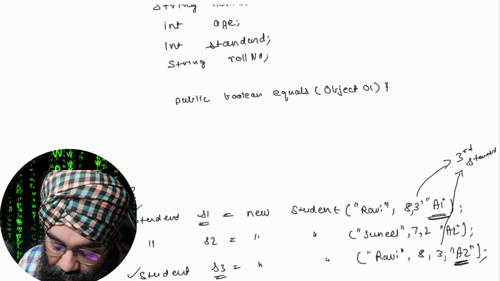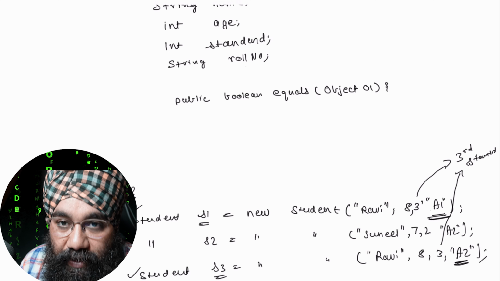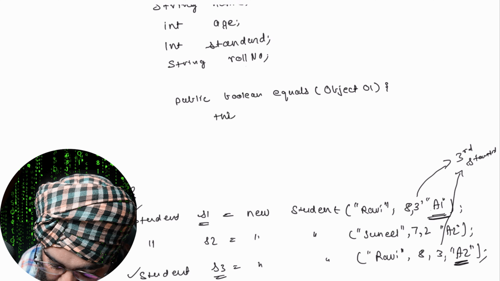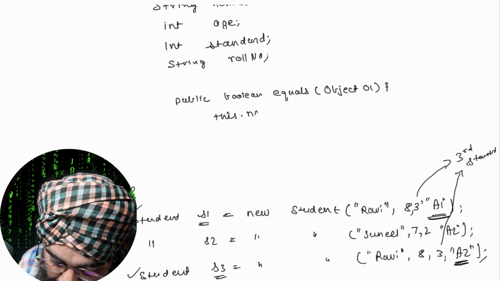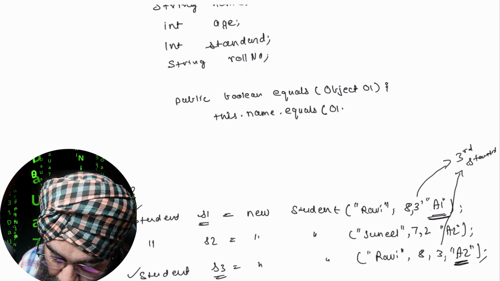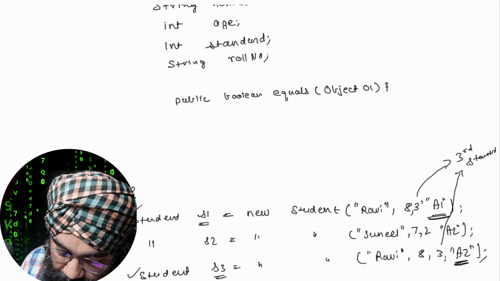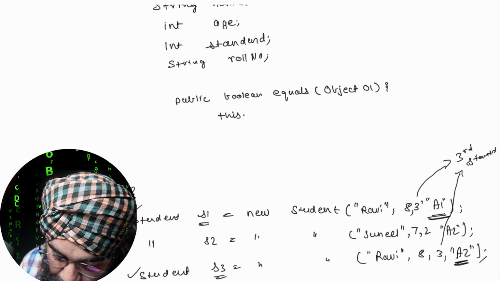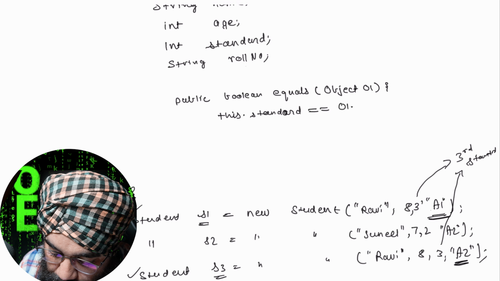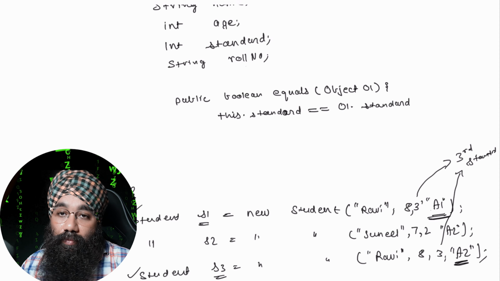So what we will check is, maybe we can take a Boolean property or we can directly check this dot name, and we will use the equals method again, o1 dot name, and we will check this dot standard equal to o1 dot standard, and we also need to check whether their roll number is the same or not.